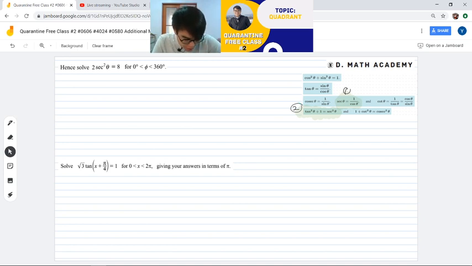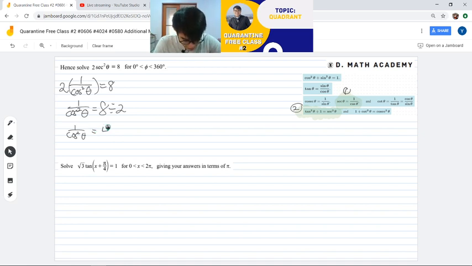I write down 1 over cosine square theta, the reason being sec theta equals 1 over cosine. When sec is squared, the same goes for cosine, you're required to square it. So this equals 8. So 1 over cosine square theta equals 4.